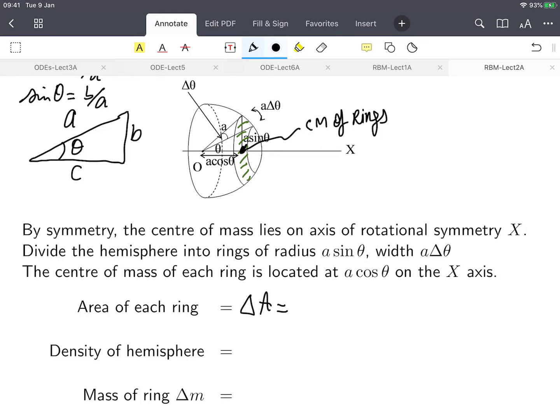Area of each ring. So a ring is going to be the perimeter of the ring multiplied by the width of the ring. So the perimeter, that's 2 pi r. So in this case, it's going to be 2 pi, and the radius is A sine theta, times the width, A delta theta.